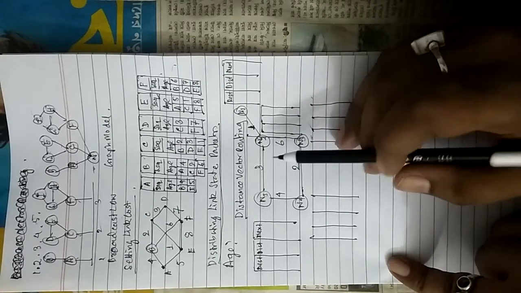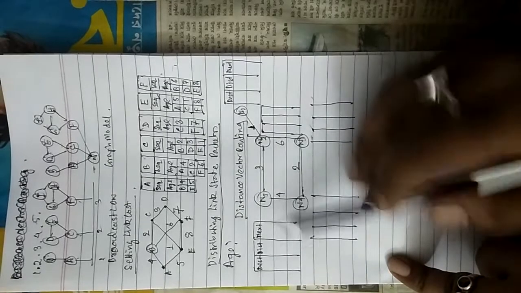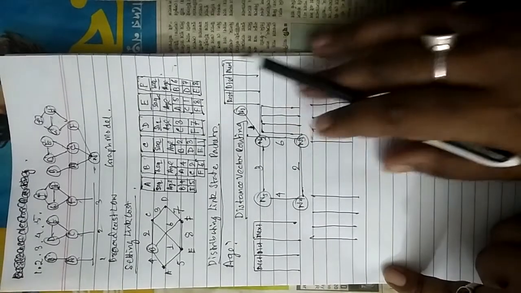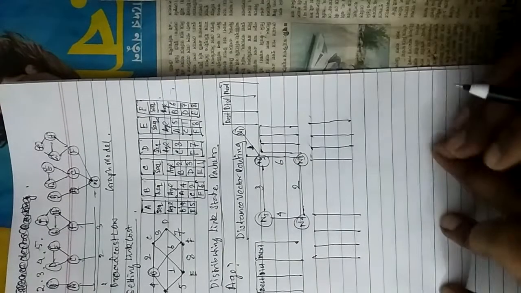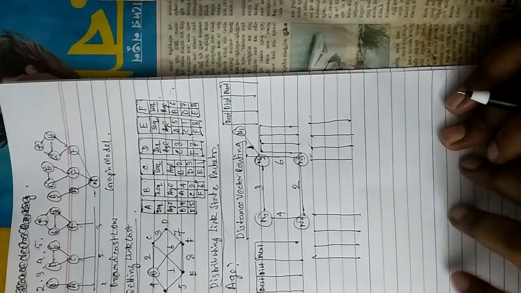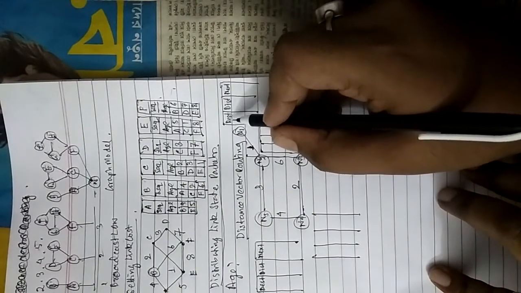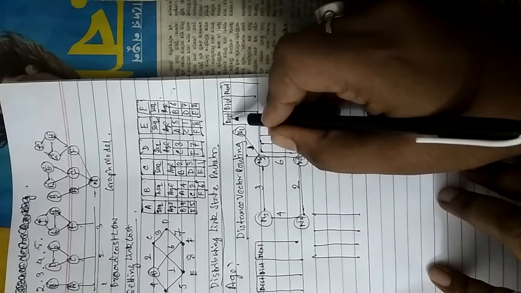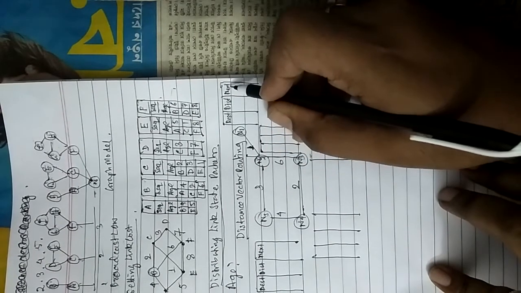So now we will keep on filling up these tables. Okay, so let us start with this one. So now this is the destination. From n1 I will go to the next destination, the distance vector, and what will be the next hop.